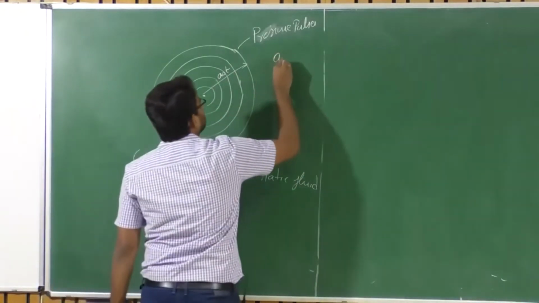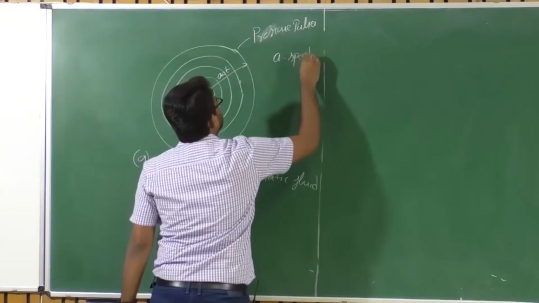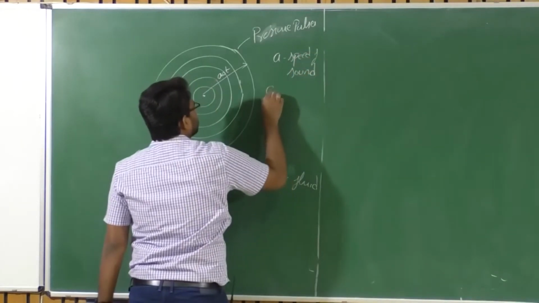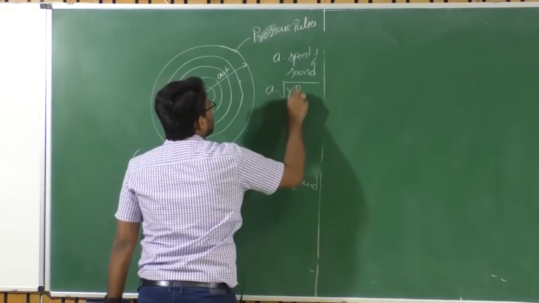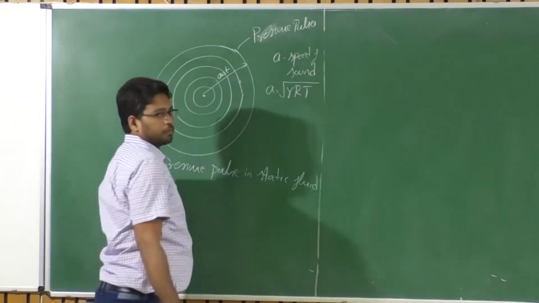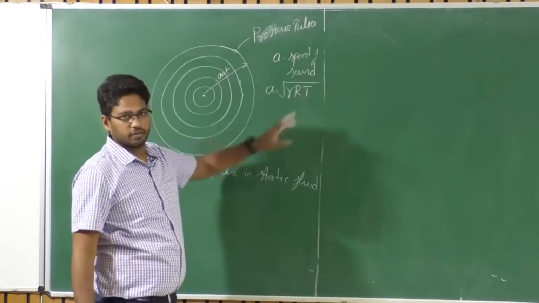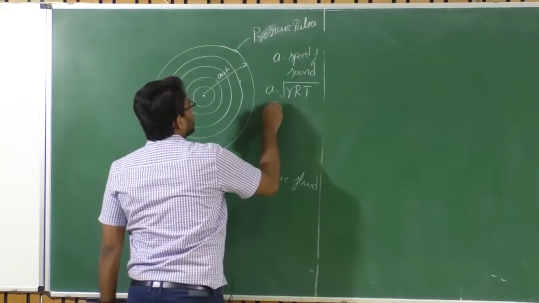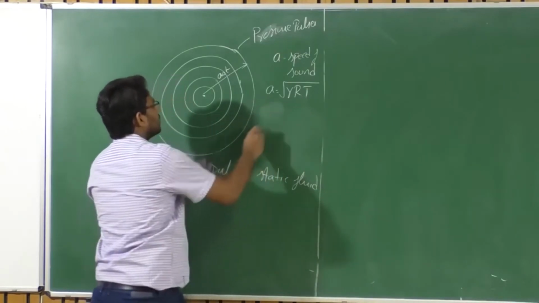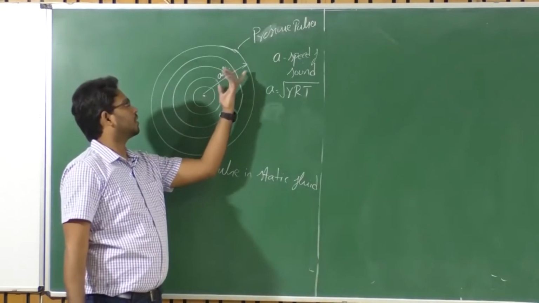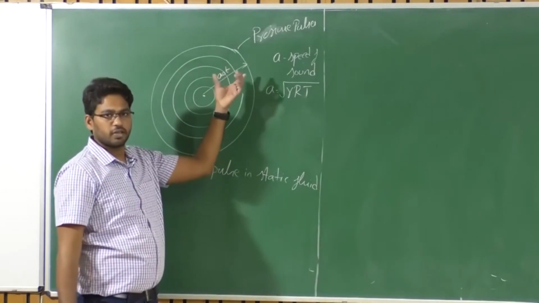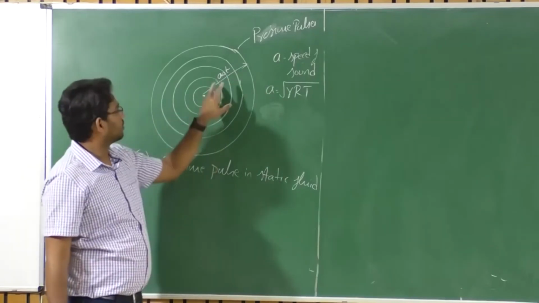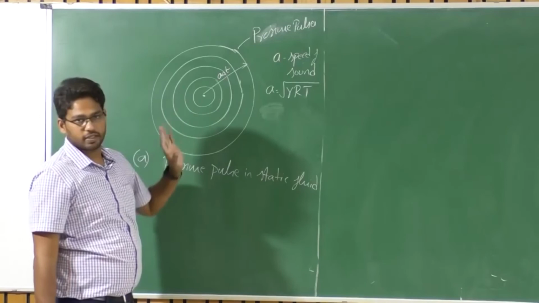Where a is the speed of sound, square root of gamma RT, and the speed of sound depends upon the type of medium and the corresponding temperature of that medium, right? And delta t is the time after which you are interested in figuring out the distance that this pressure pulse has traveled. So that will be approximately a times delta t, right?